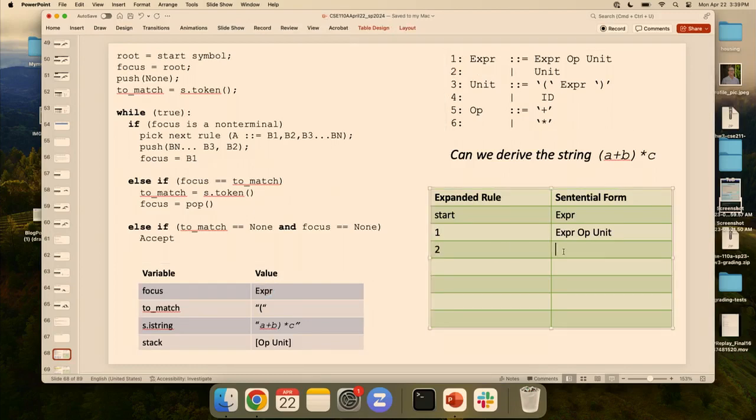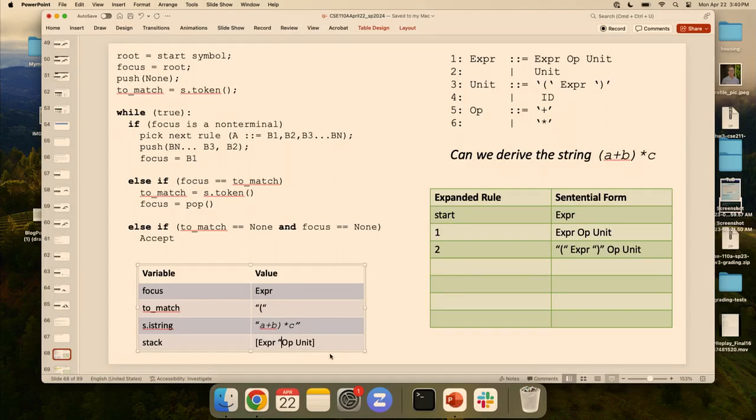That's going to expand this to open parenthesis. Remember, we're trying to match this string. Open parenthesis, expr, close parenthesis, op, unit. Right? And so then, if we pick that one, our stack becomes, let's see, what does it become?